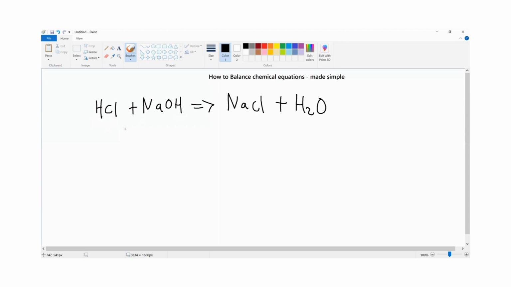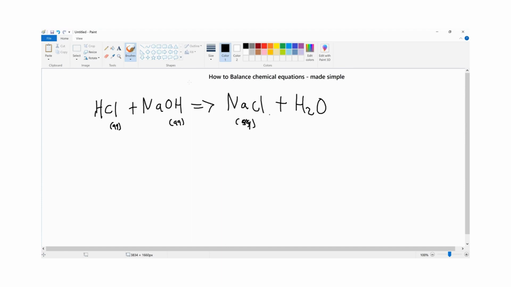Just keep in mind as well that I am not writing the states of the chemical formula. For example, this is aqueous. This is aqueous. This is a solid. I believe that's aqueous as well. Yes, I think that's aqueous.